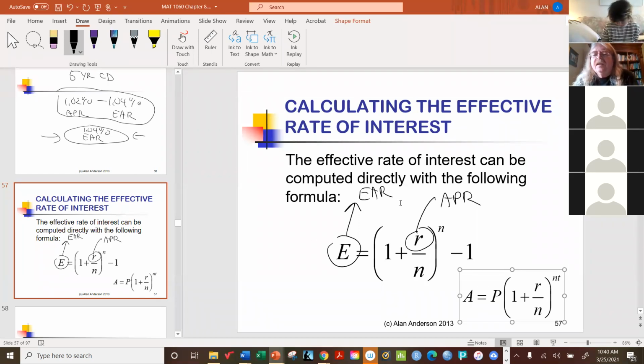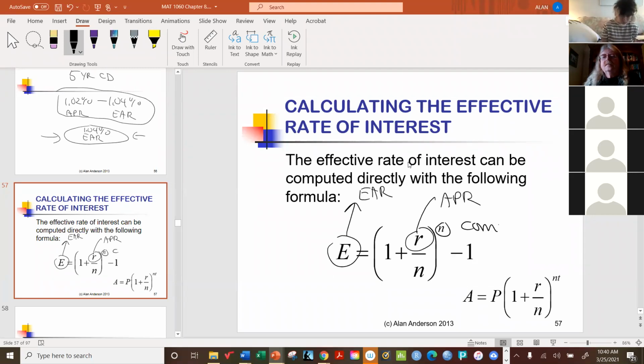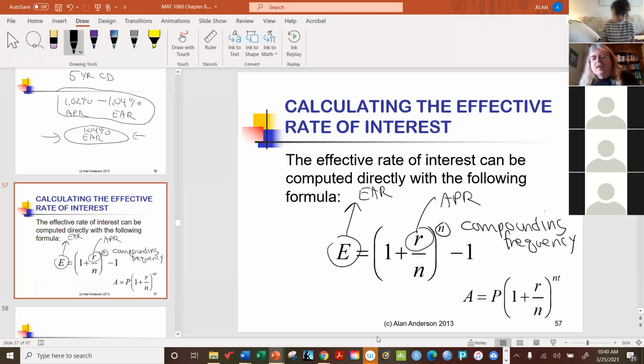I just want to point out that this R, as I've already mentioned, is, of course, the APR. And you recall n is the compounding frequency. And E will represent the effective annual rate.